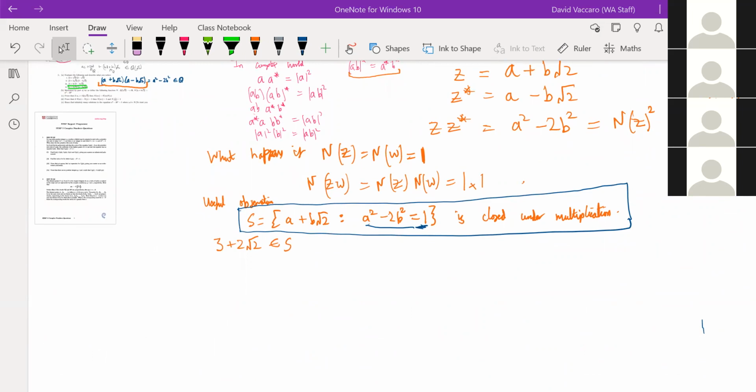Right, someone's told me 17 plus 12 square root 2. How is 17 plus 12 square root 2 related to 3 plus 2 root 2?